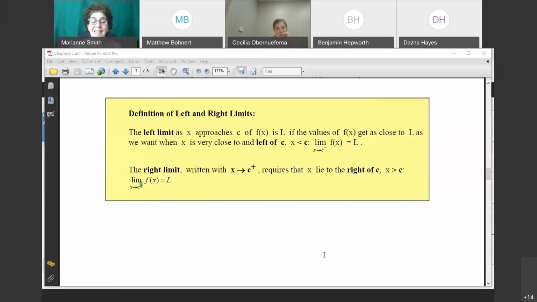So basically I can't have the situation I had before as x approached 4, where I get two different values. Okay, so that's basically one difference.